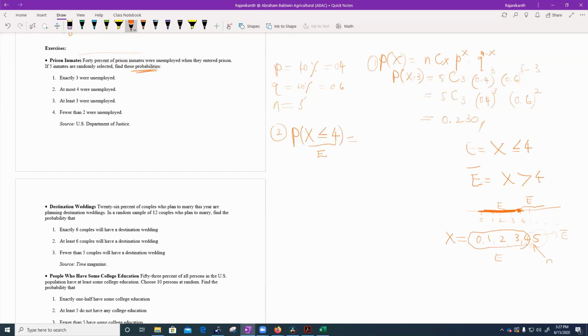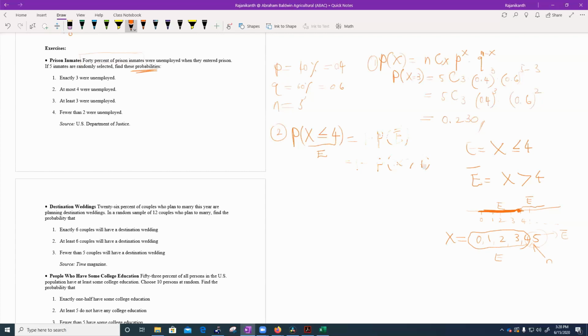Therefore, if you change this event in terms of the complement, remember we have the relationship between any event E and its complement E bar. So P of E is simply 1 minus P of E bar. If my event E is less than or equal to 4, that means the complement event is bigger than that value, right?